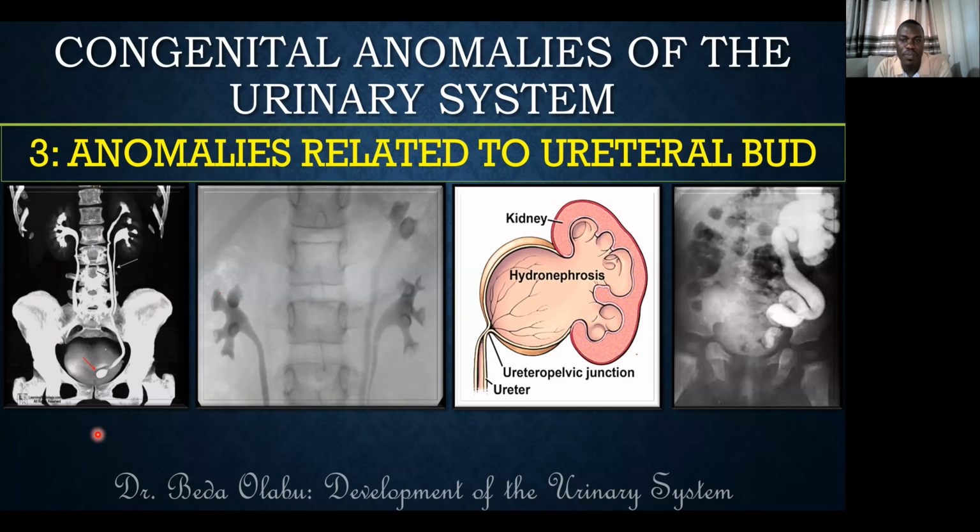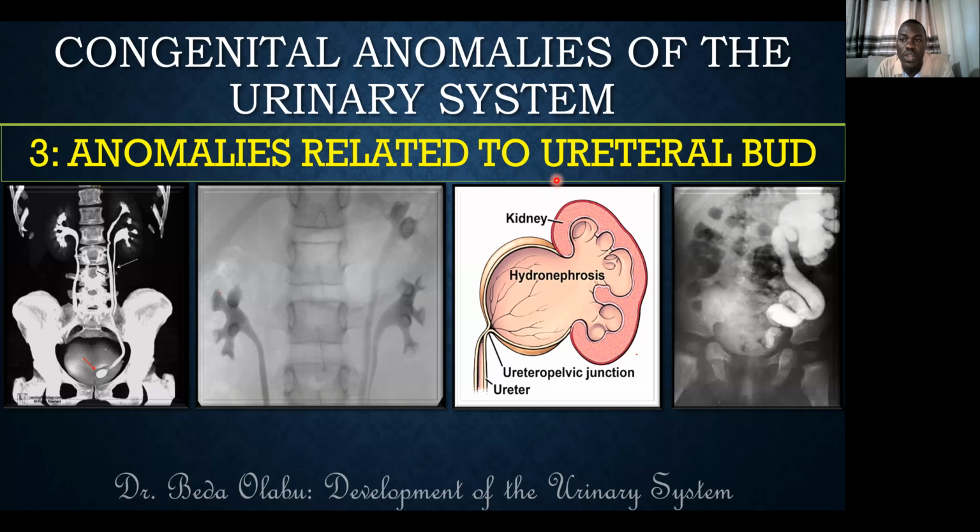Can you see the problem? The two kidneys are, can you say, closer to the midline? That one is normal. I want you to remember, Faisal, our title here is malformations that are affecting the ureteral bud.